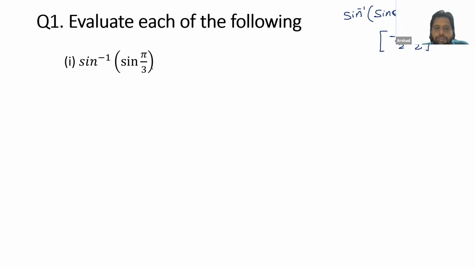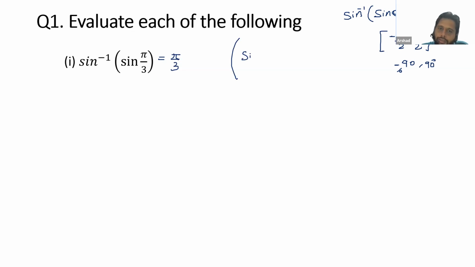So Abdul, does this 60 lie between minus pi by 2 to pi by 2 or not? Minus pi by 2 means minus 90 to 90. So 60 lies between this. Yes, it lies. So what we will get then? This is equal to pi by 3. We will directly write the answer and the bracket.